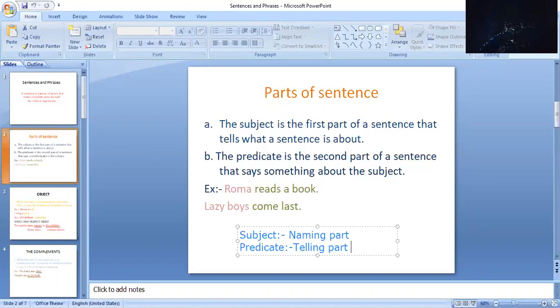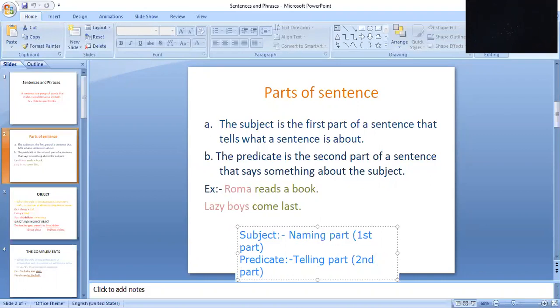The subject is the first part of the sentence that tells what the sentence is about. This is the first part of the sentence, and this is the second part of the sentence.